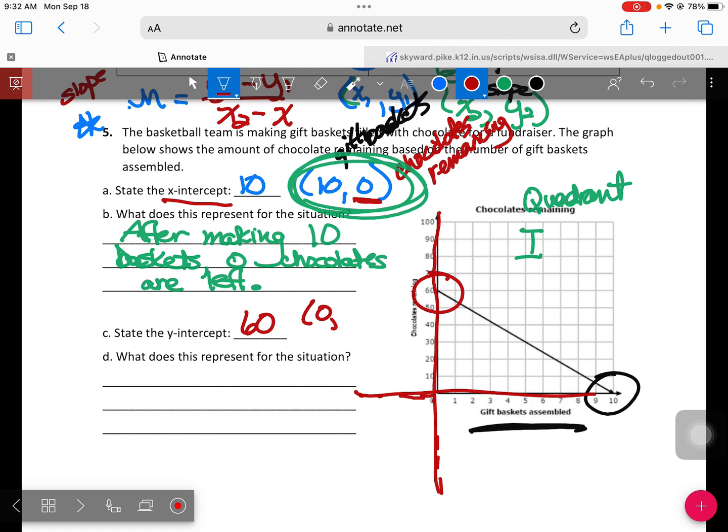We haven't made any yet before even starting. And so what does this y coordinate tell me? How many chocolates I have. So I have 60 chocolates. So you could say something like, before making any baskets, which means you have 0 made, right? There were 60 chocolates.